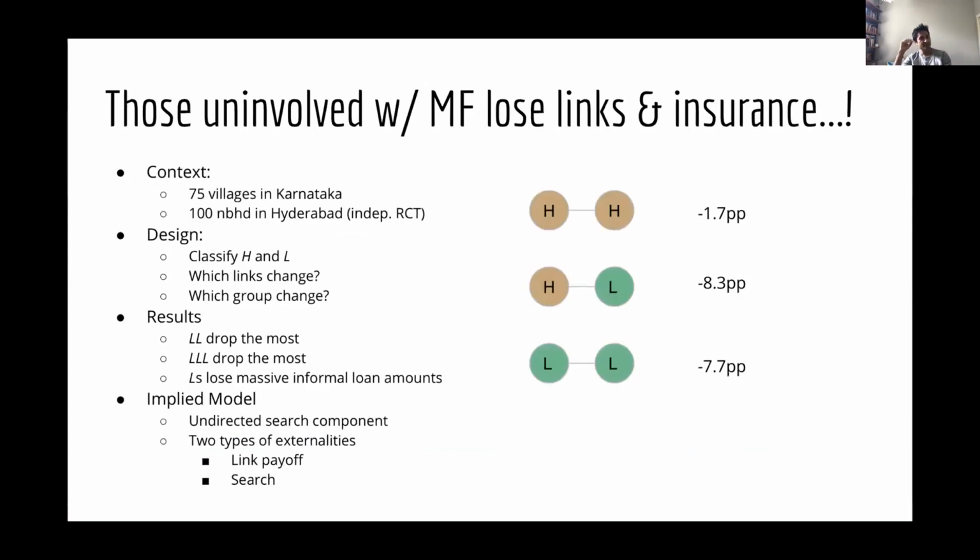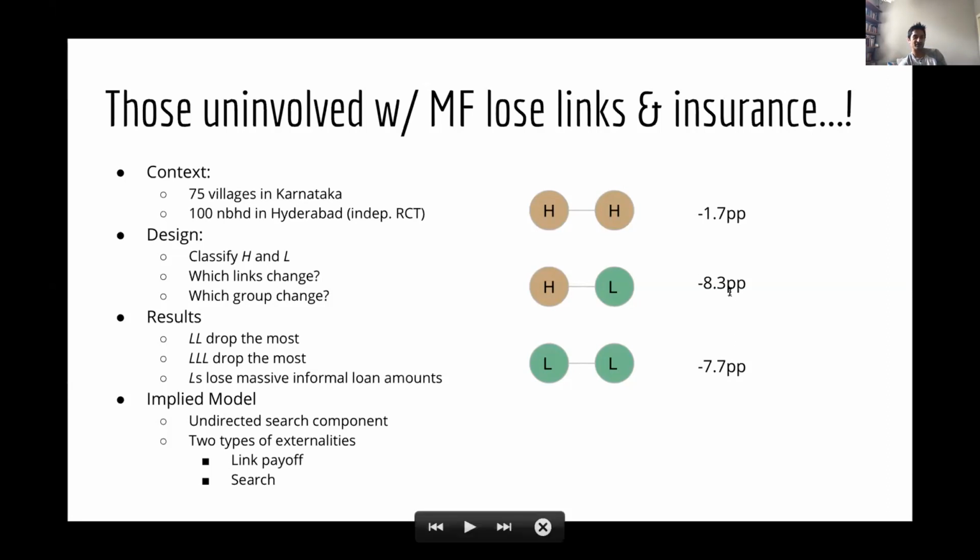So we look at, this is a data set in Karnataka that we've worked on quite a bit. What's cool is we wrote the paper and wrote the model, and then independently, we looked at an RCT in Hyderabad separately and found exactly the same results. And that came after in a revision, basically. And what we find is that links between low types drop the most, triples between the low type drop the most.